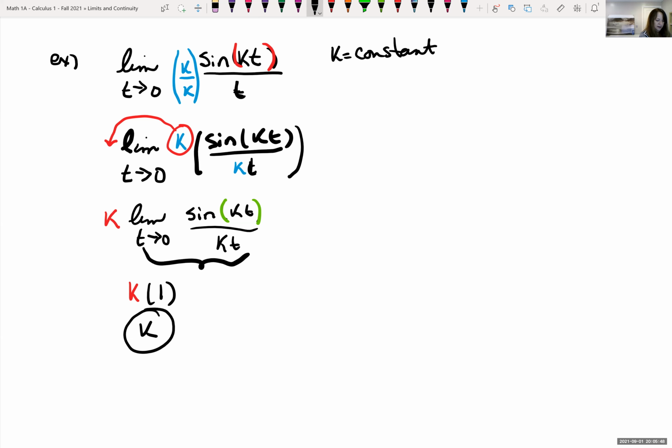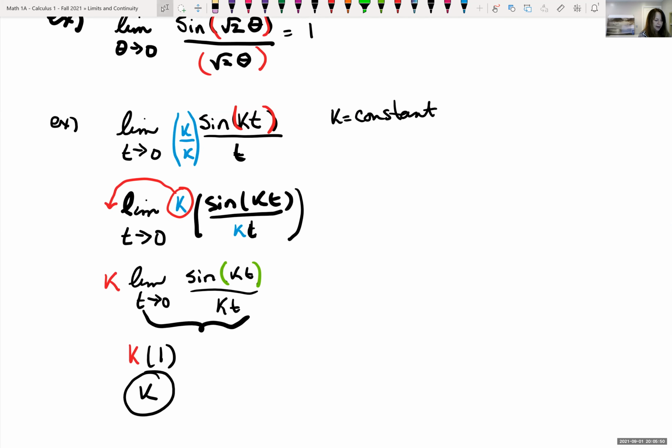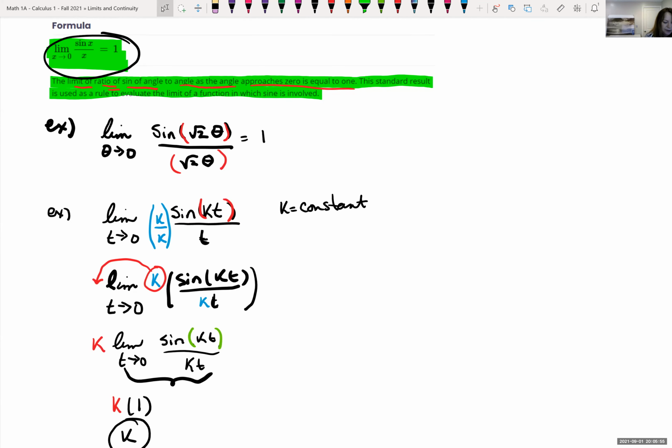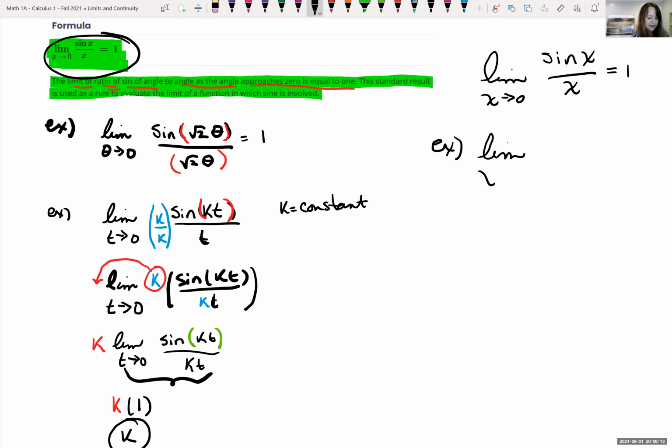What if, let's go back up here for a second. We had seen that the limit as x goes to 0 of sine of x all over x equals 1. What if it had been a little different? What if we had the limit as x goes to 0 of x all over sine of x? So it's the reciprocal. What do you think we would get back, and how could we show that?